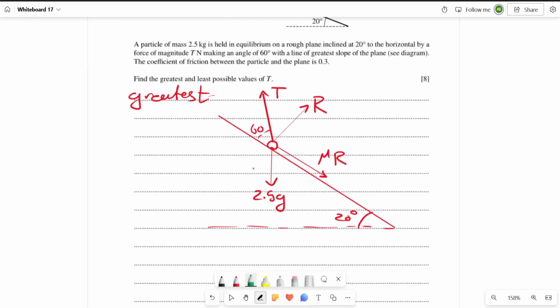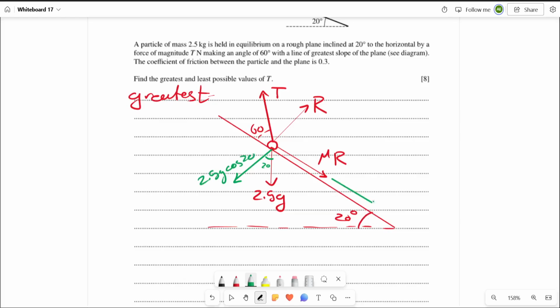Let's do the resolving part. Again, the weight, I'm going to resolve it into 2 components. This is 20. This is going to be 2.5 g cosine 20. And I'm going to have a component in this direction, 2.5 g. I'm moving away from my angle, so it's sine 20. What else needs resolving? Mu R doesn't, T needs.